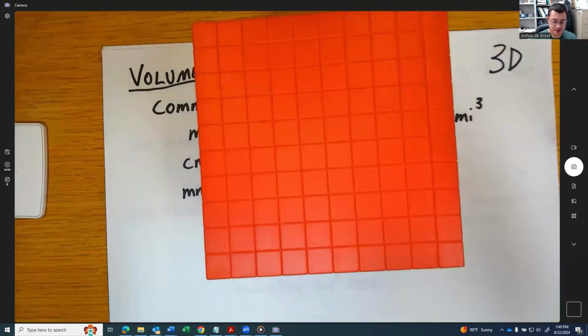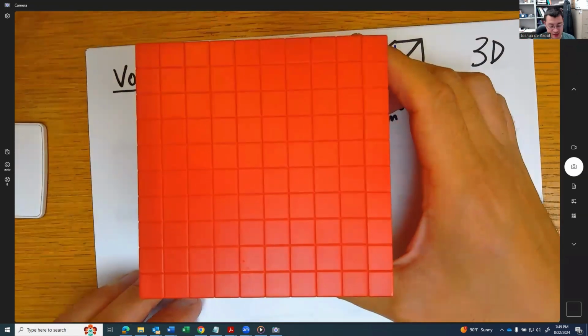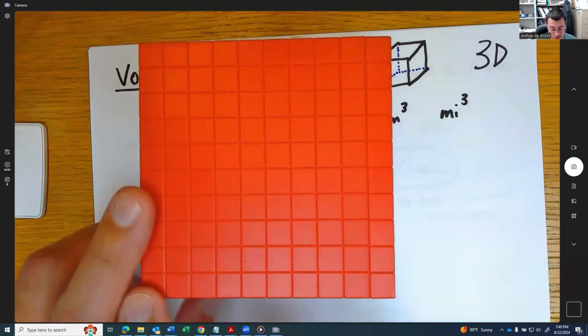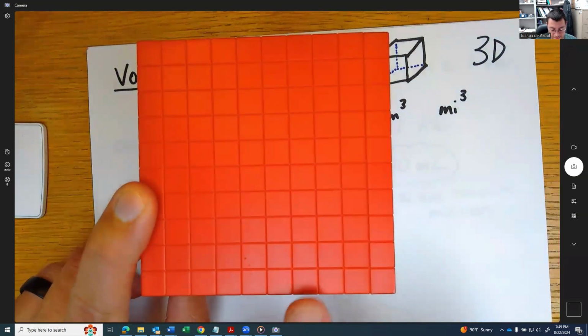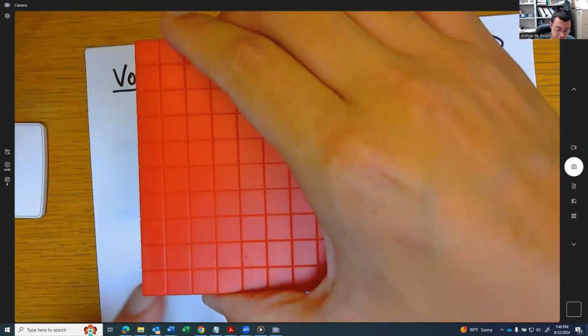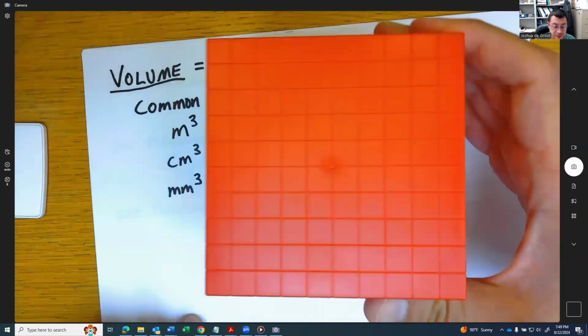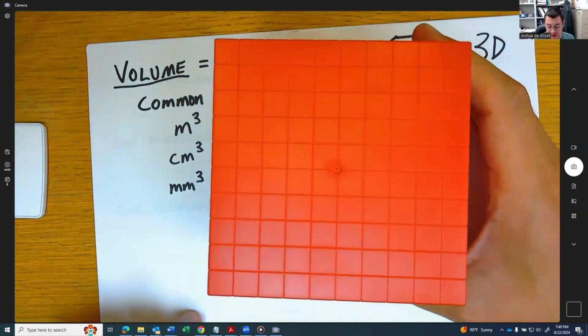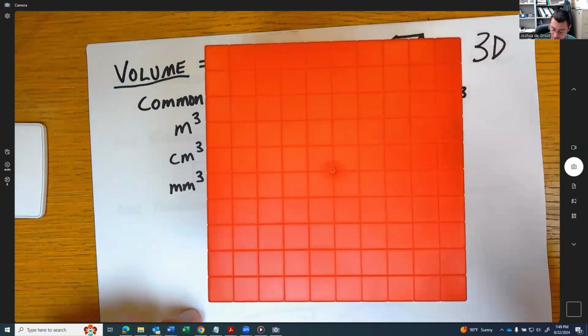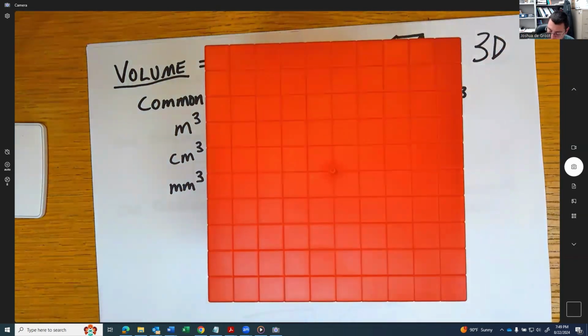This is a 10 by 10 by 10 cube, a block. You can see 1, 2, 3, ... 10, 10 going that way, and then 10 going along with the height. I'll flip that, show it to you. There's something special about this block. This block is 1,000 cubic centimeters. Write that down.